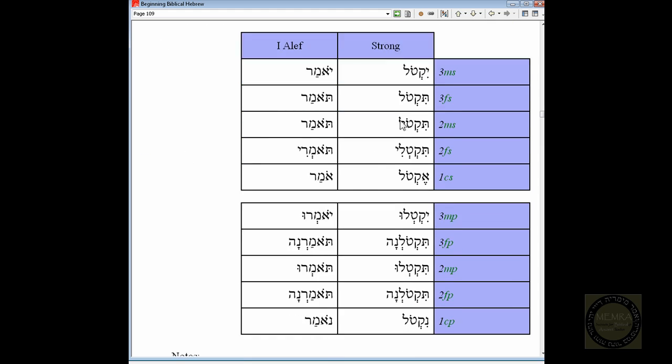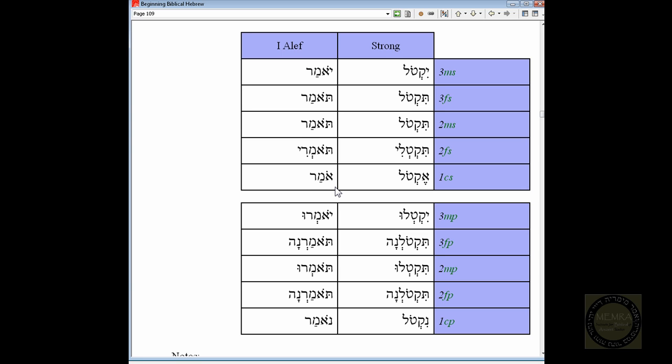These are very regular. Again, yuktol, tiktol, tiktol. Here, if I asked you the question, hey, look at this form. Does it have a prefix? Yep. The only exception is down here. Look at this one. The first common singular. Omar. Okay, so this is the thing to take away from this section.